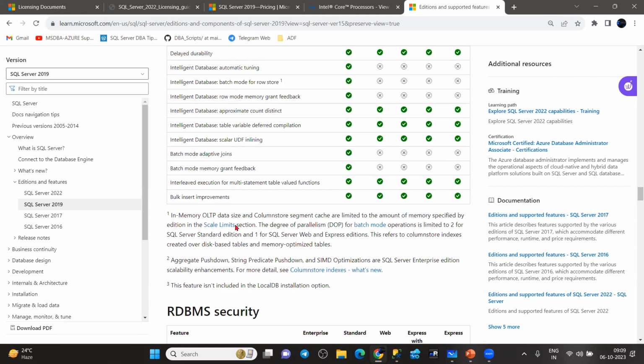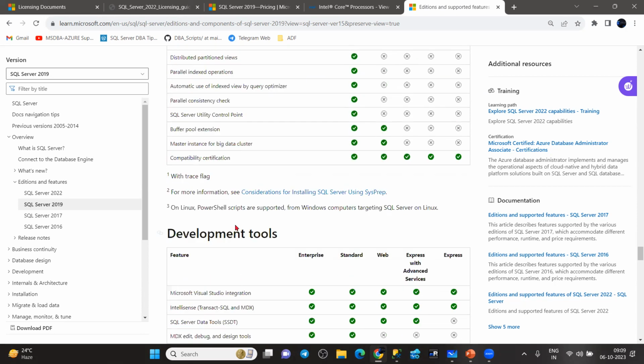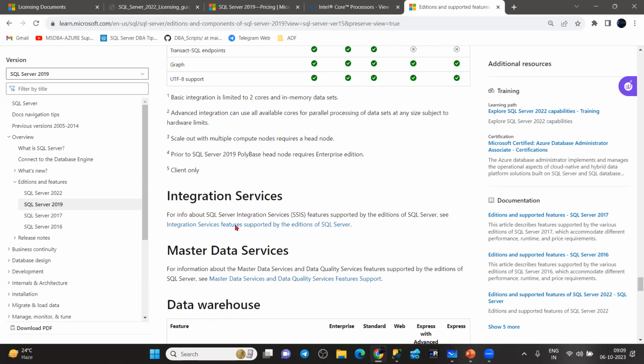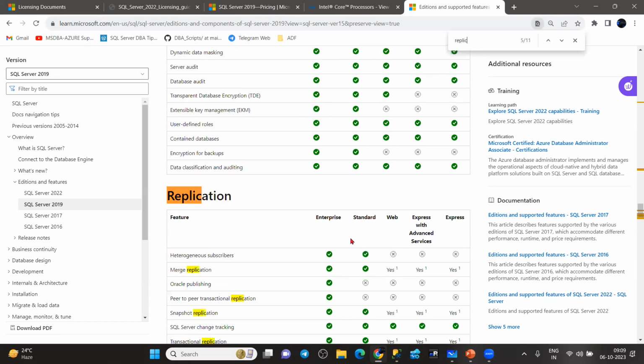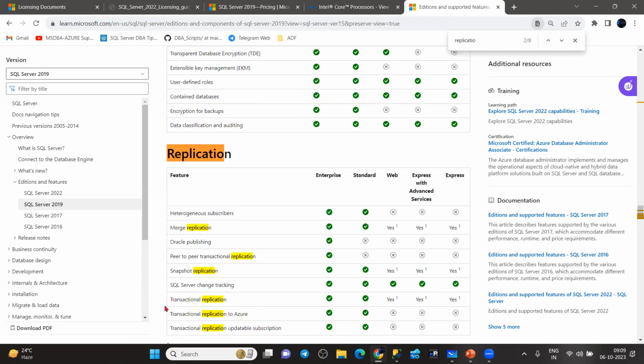If you go to replication, search for replications, Control F. Replication, it supports. P2P replication is not compatible in standard edition. Merge replication is compatible, transaction replication is compatible. But P2P replication is not compatible in standard edition.